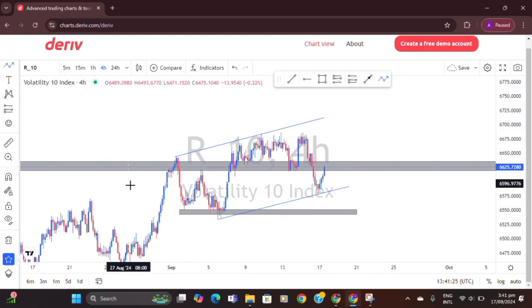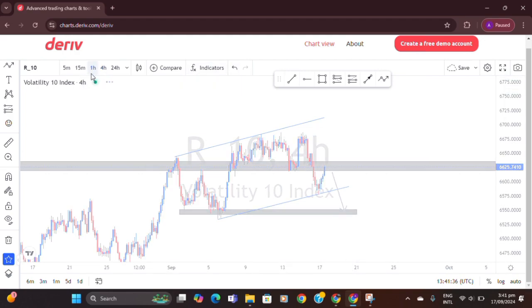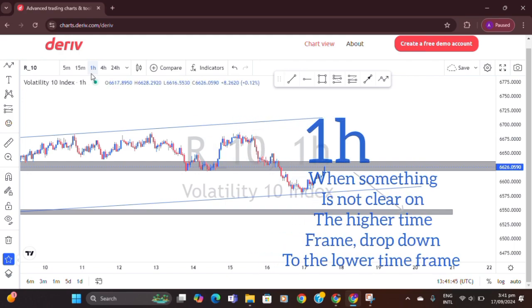The market can retest that area, this area, and then come straight down to here. So how should you know which one is which? That's why I always say go down to the lower time frame, because it exposes more than the higher time frame can expose. So let's see what the lower time frame has for us.